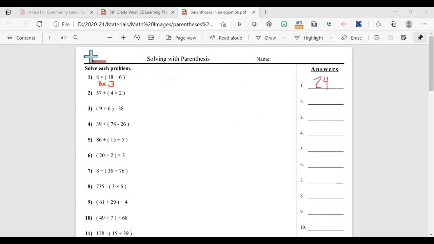Another one. 57 plus (4 times 2). We don't go 57 plus 4 times 2 because that would be 122. Instead, I go 57 plus 8, which is 65. A lot different than 122.